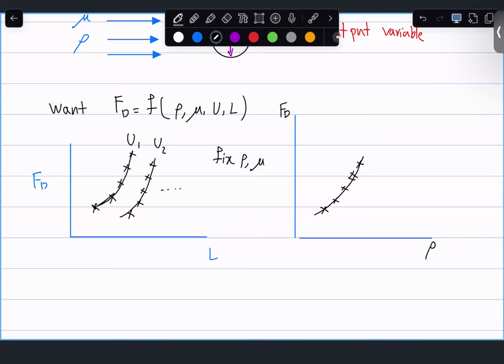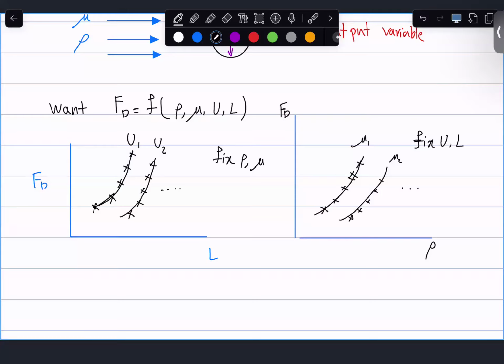These are arbitrary. You don't need to worry about getting the shape right. And you do this while keeping U, for example, and L fixed and changing mu. So you have mu1, mu2, all of that. So as you can imagine, how many experiments do you have to do? A lot. You have to do a lot of experiments because you have 5 different variables, or 4 input variables.